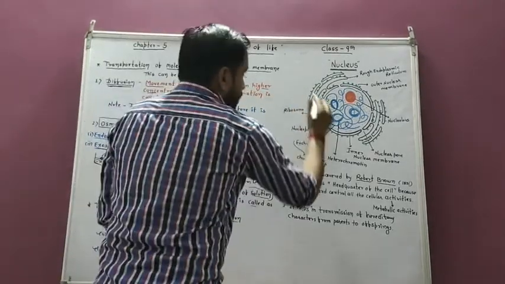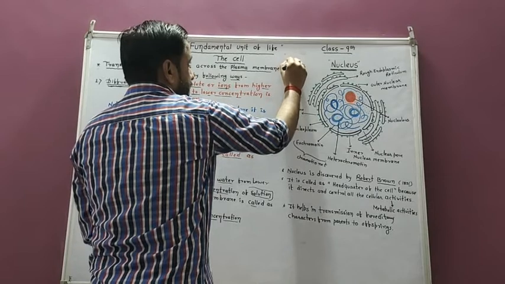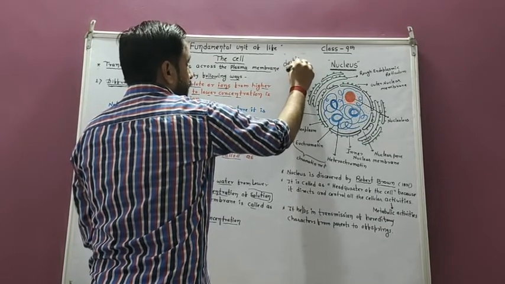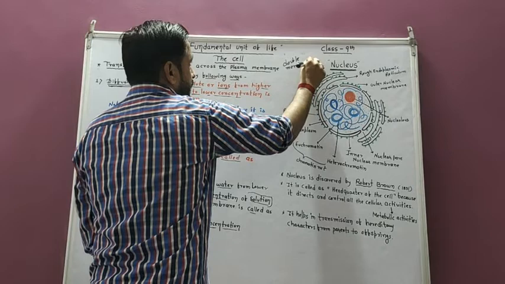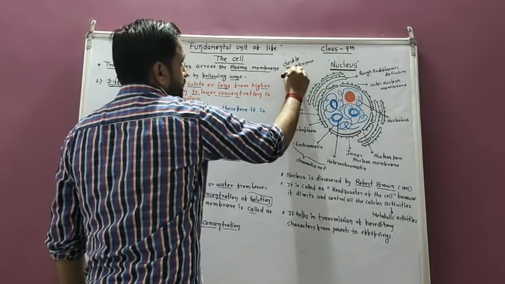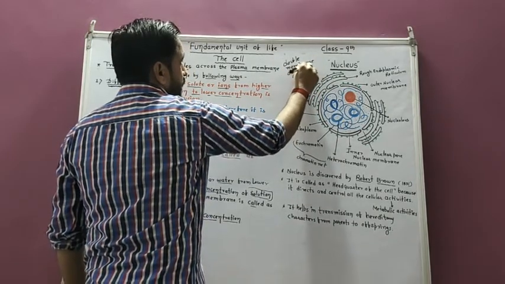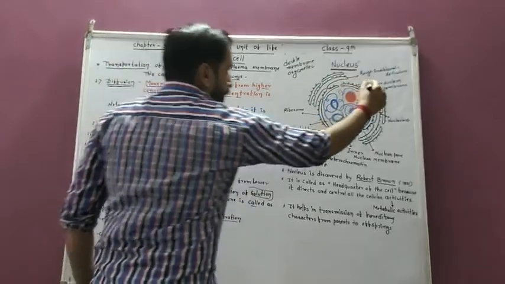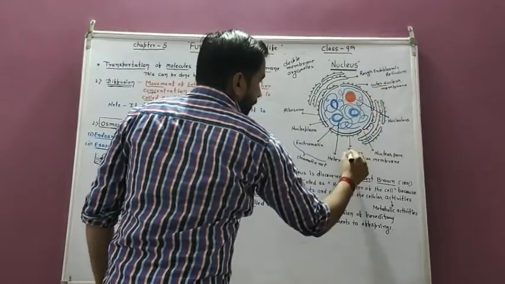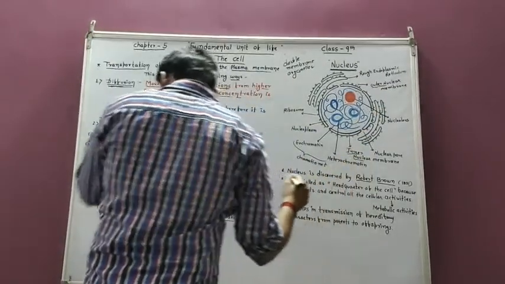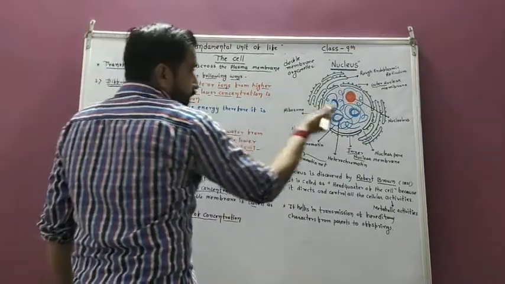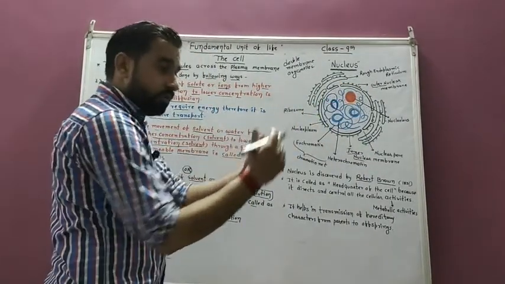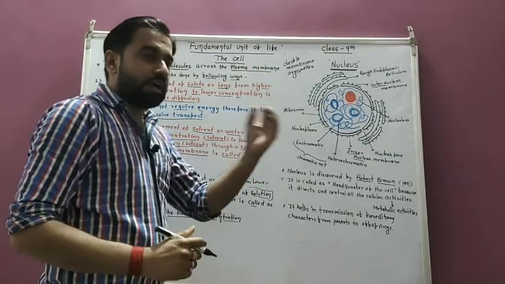It is a double membrane organelle. Two membranes are present: outer membrane and inner membrane. On the outer membrane of the nucleus, ribosomes are present.